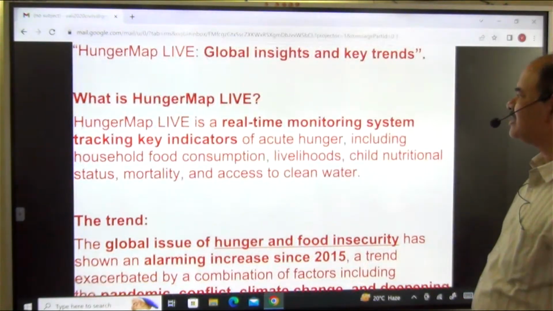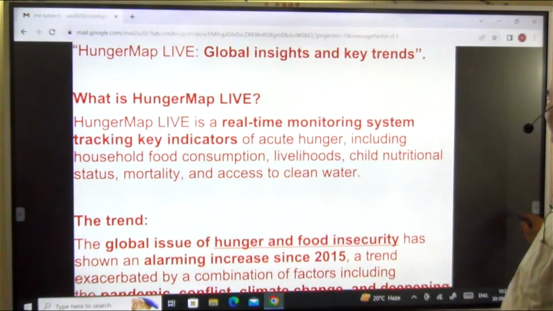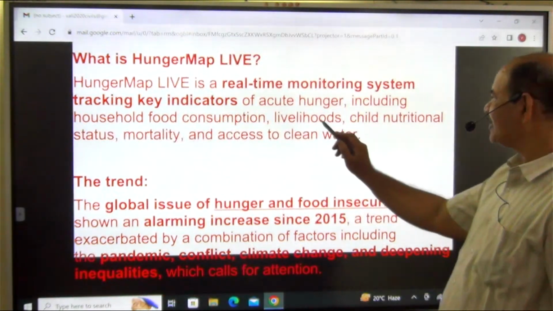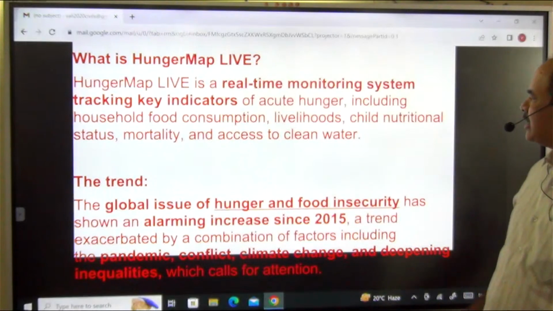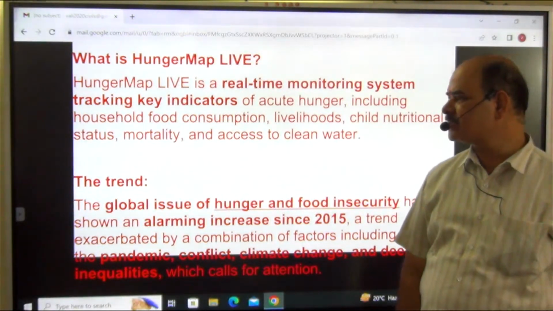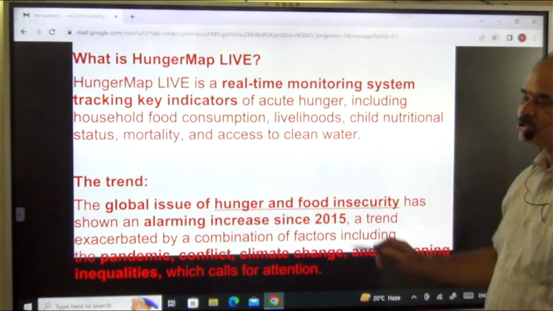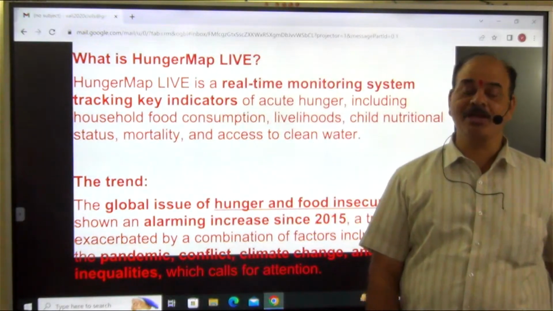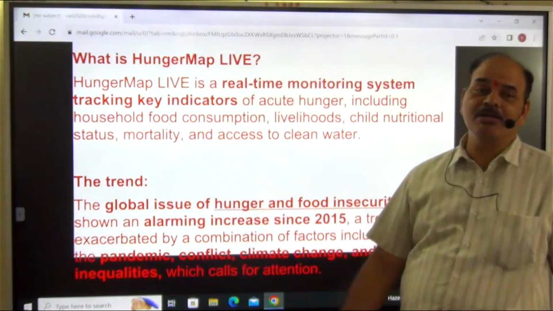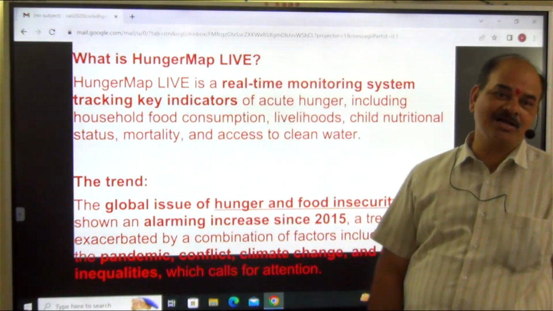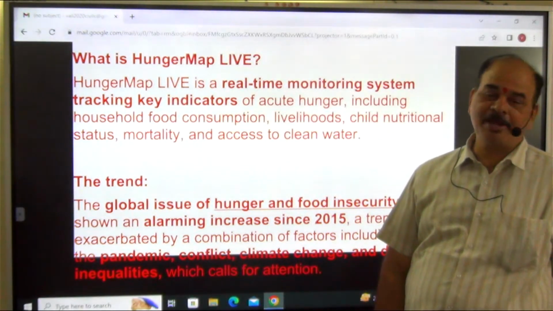Hunger Map Live is a real-time monitoring system tracking key indicators of acute hunger, including household food consumption, livelihoods, child nutritional status, mortality, and access to clean water. And our sustainable development goals also aim to minimize poverty and, in turn, hunger. Okay?